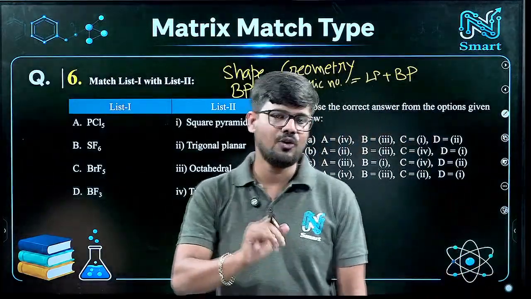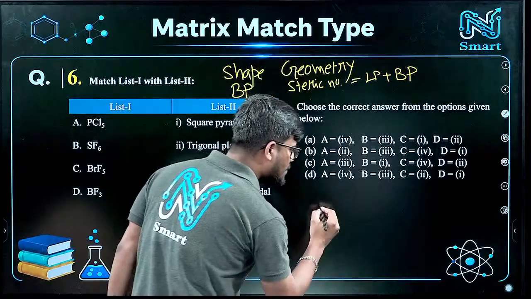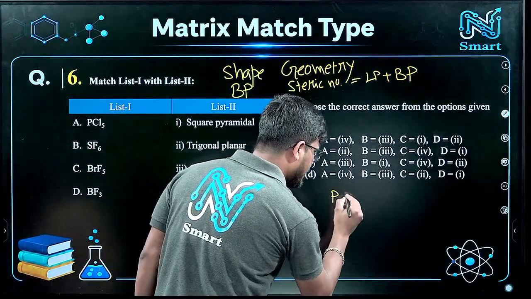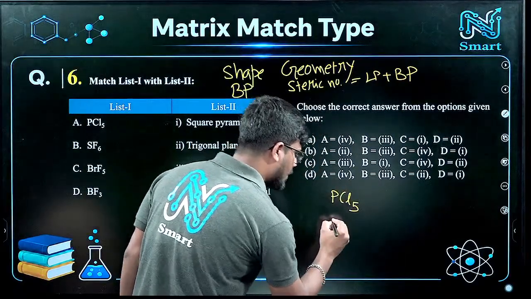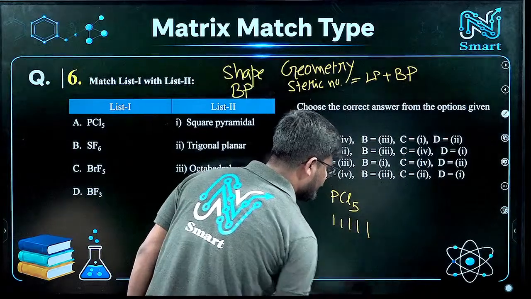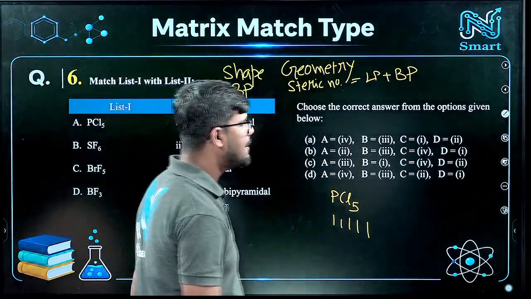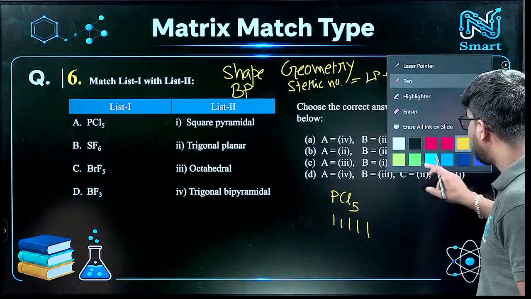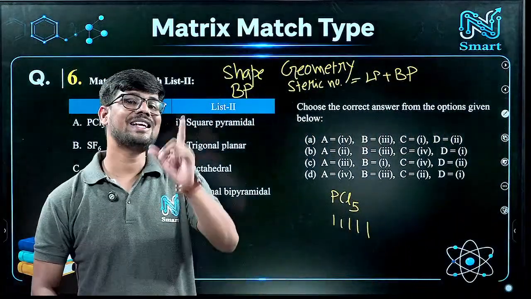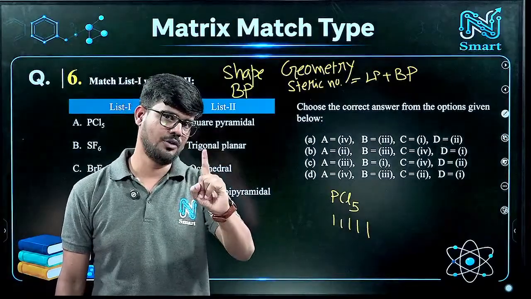So simple, I'm giving a trick. Phosphorus, how many valence electrons does it have? 5. Phosphorus is the central atom, so it has 5 valence electrons. Now out of these 5 valence electrons, just check how many chlorine we have. 5 chlorine. And we know each chlorine can form only one bond, right?